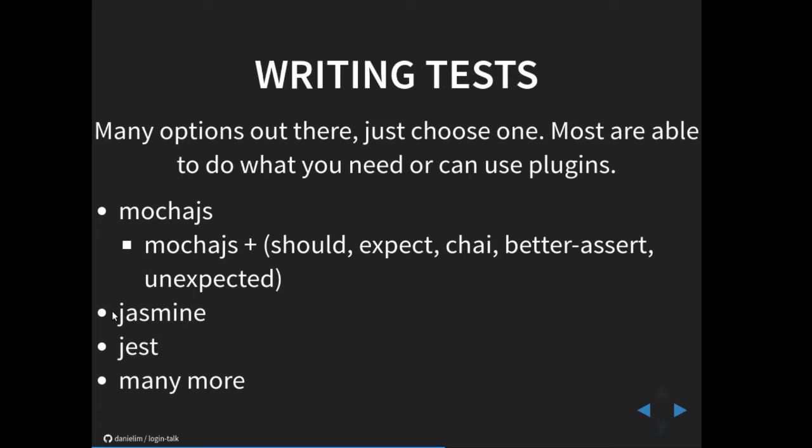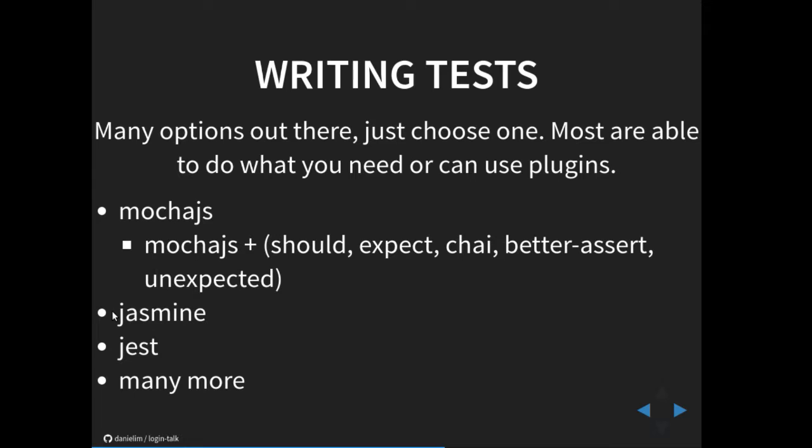All right, so writing tests. There's really a lot of options out there, and I would just say choose one. It doesn't matter. Here I'm going to be using Mocha.js. With Mocha, you can use should.js, expect.js, Chai, better-assert, and unexpected.